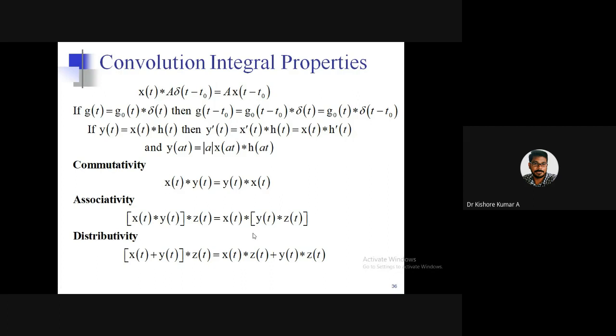We can associate z of t along with y of t. Similarly, we can distribute the signals. See, x of t plus y of t, the combination of these signals, if it is convolved with z of t, we can distribute z of t as x of t convolution z of t plus y of t convolution z of t. In this manner we can distribute these signals.